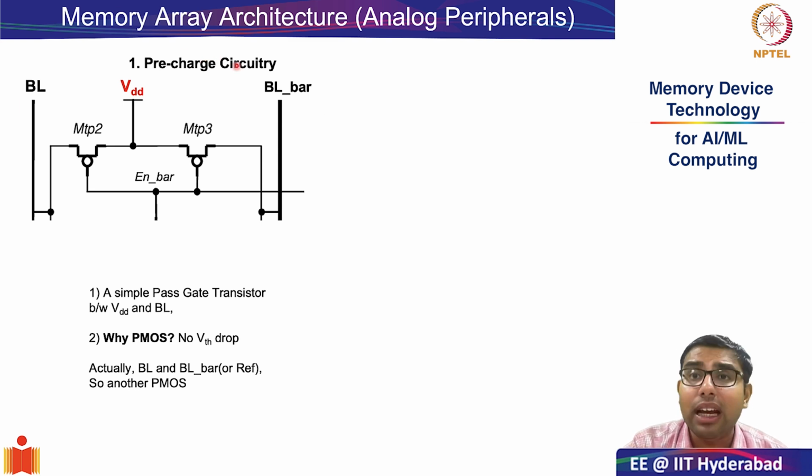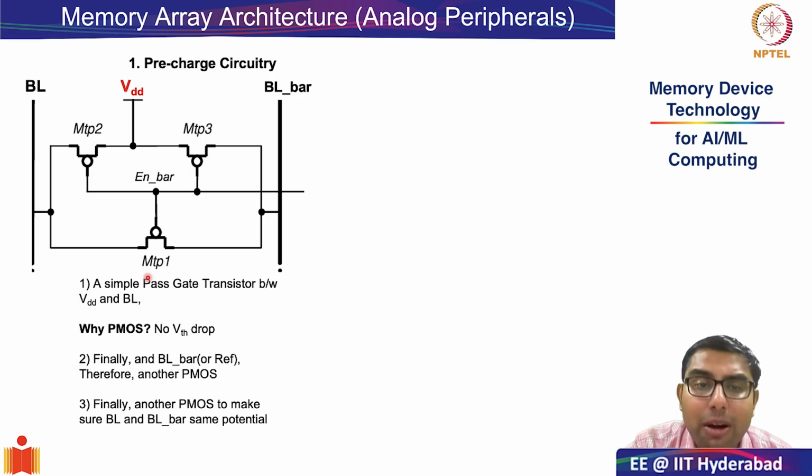Now this could be really detrimental to accurate and effective readout. So to circumvent this problem, we add one more transistor connecting bit line and bit line bar.